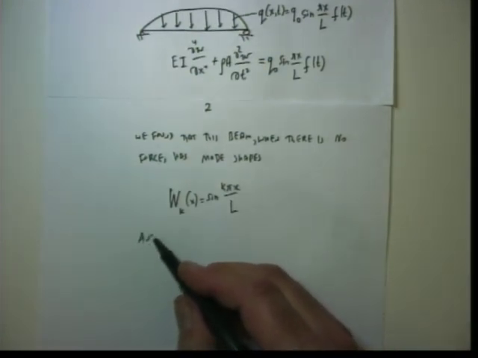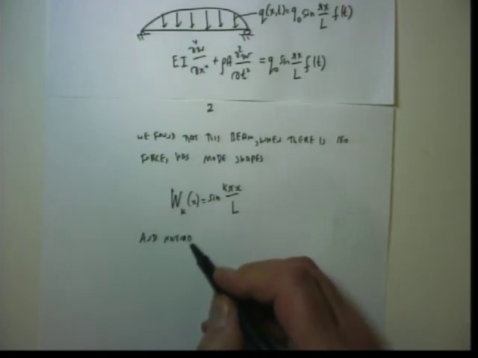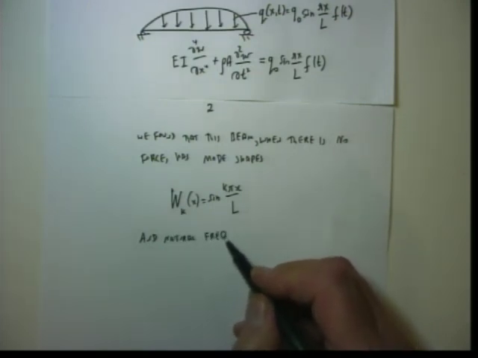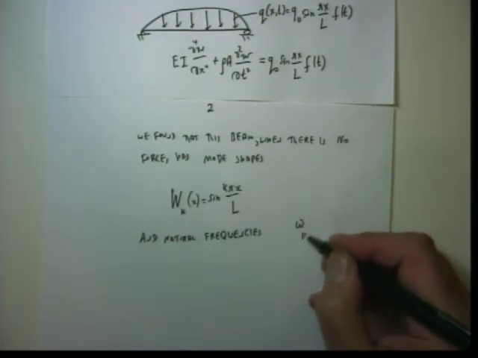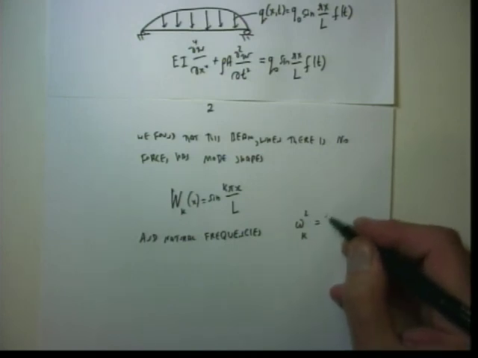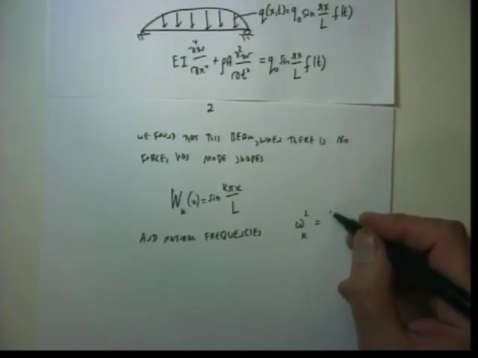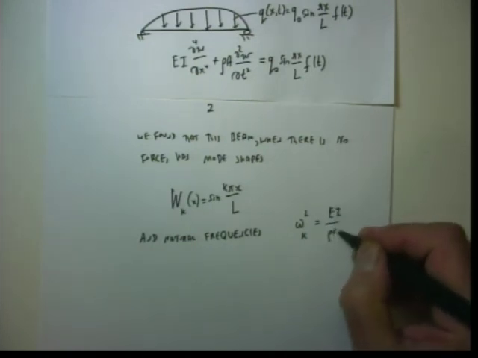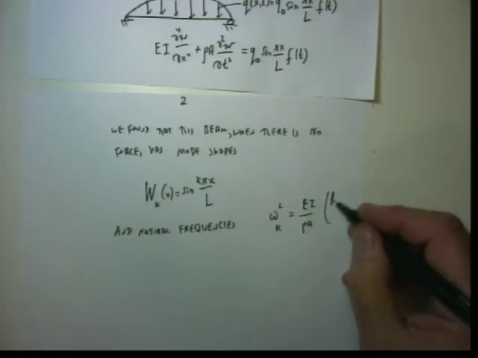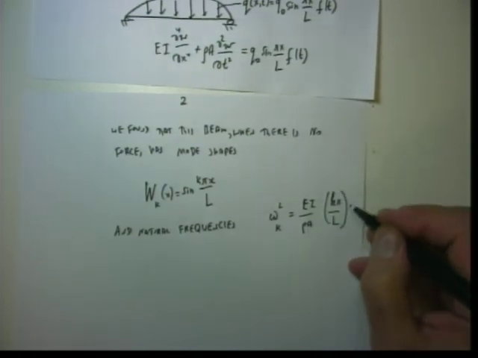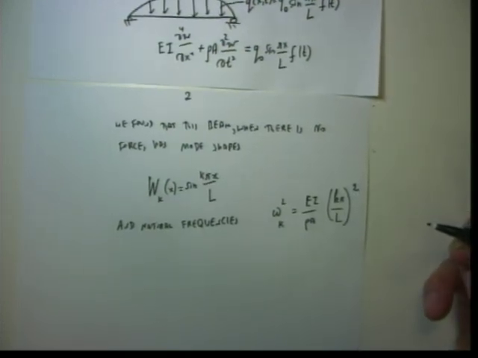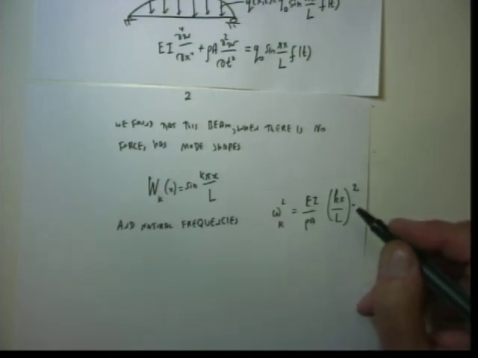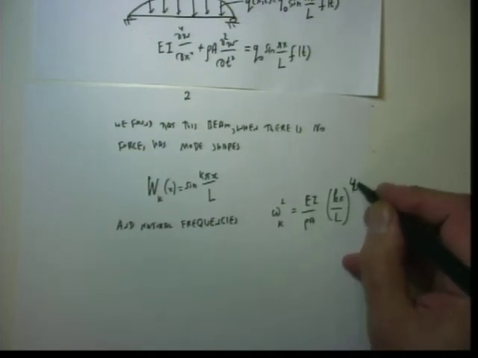And natural frequencies, which are omega k squared equals EI over rho A, then k pi over L squared, fourth power.